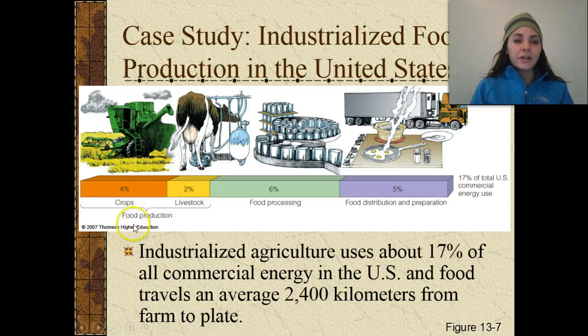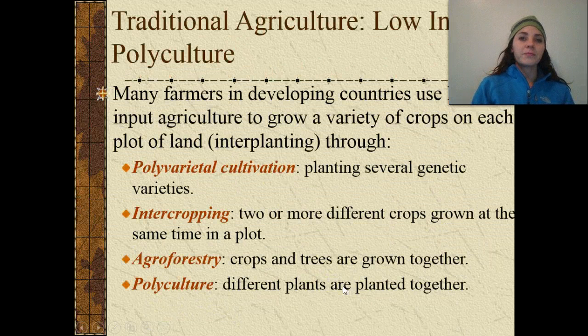About 4% is actually spent on the crops as well as the livestock, or the food production. 6% of that energy is spent food processing it, canning it, bottling it, slaughtering the animals, packaging the meat, getting the milk, packaging the milk, shipping it out. And then we have our food distribution as well as preparation, which accounts for 5% of that energy.